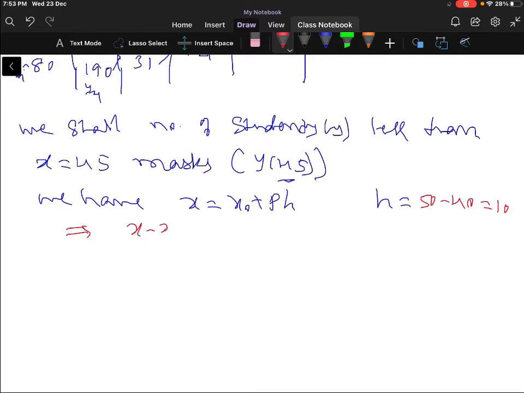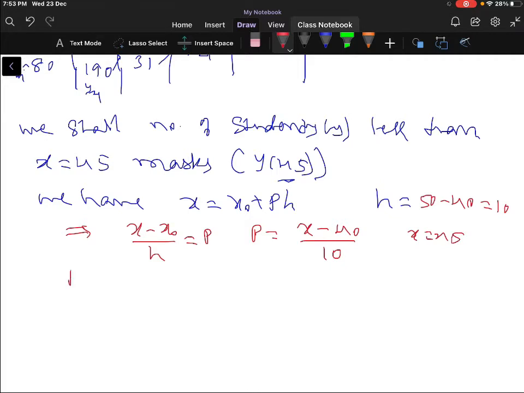So h is 10. So this implies x minus x naught by h is equal to p. So therefore p is equal to x minus x naught by h, which is 10.